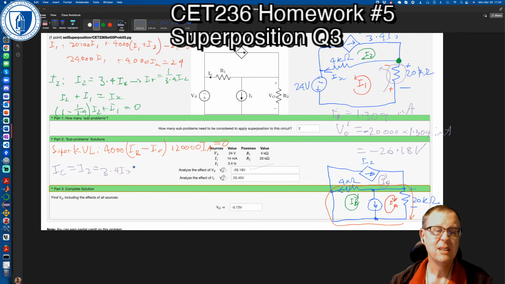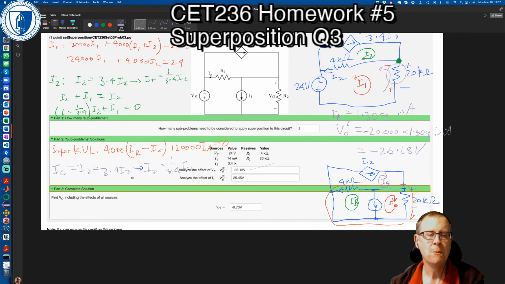So that means we can say that Ix equals 1 on 3.4 times I2. And what do we get? Ix is also equal to IC minus IB.